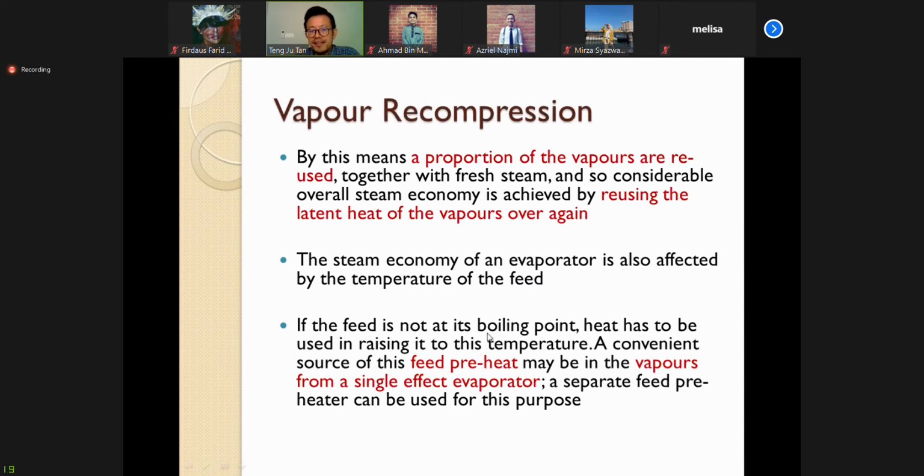If the feed is not at its boiling point, heat has to be used in raising it to this temperature. A convenient source of this feed preheat may be the vapors from a single effect evaporator, so a separate feed preheater can be used for this purpose. So you heat the feed, let's say the milk, to its boiling point, so you can save a lot of steam as well, because the heat no longer needs to be used for the sensible heat.